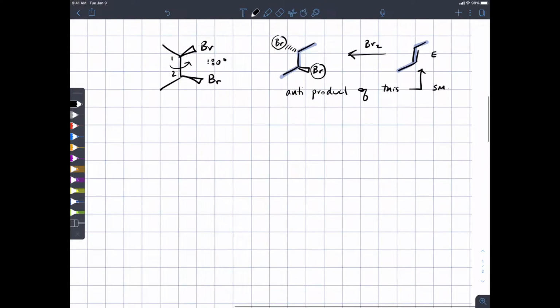But if we changed the alkene configuration and did the same reaction, we would get this product, which does look like an anti-product.